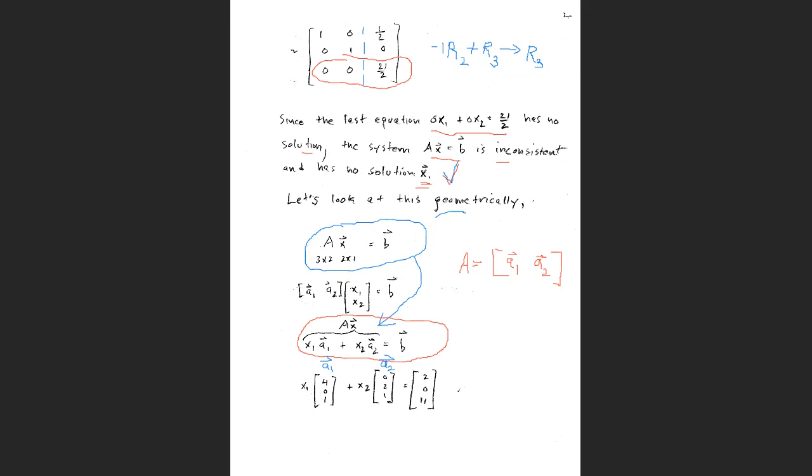So geometrically, when we try to solve the system A times X equals B, we are trying to see if there is a linear combination of the column vectors A1 and A2 that will equal the vector 2, 0, 11. As you recall, that's the B vector, right?